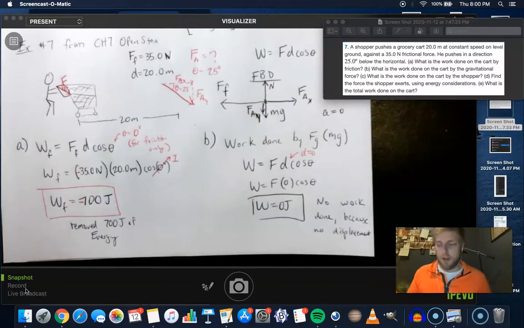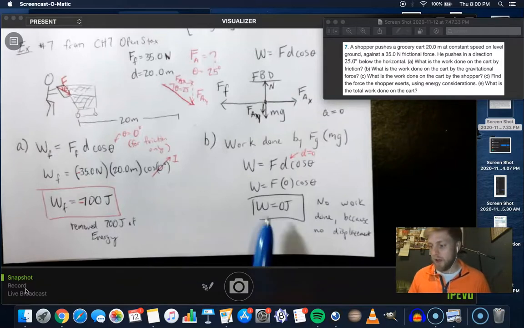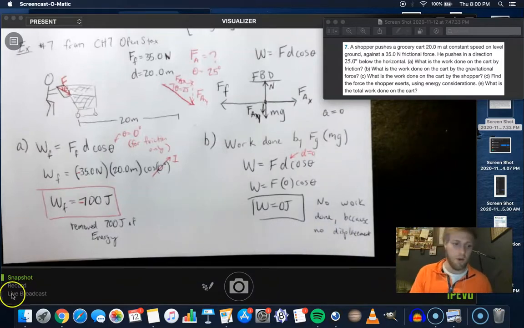So you can be justified in an AP exam or questions for homework, etc. In a question like this, what's the work done on an object that's not moving? You don't even need to show the math. You could just say work is 0 joules because no movement.